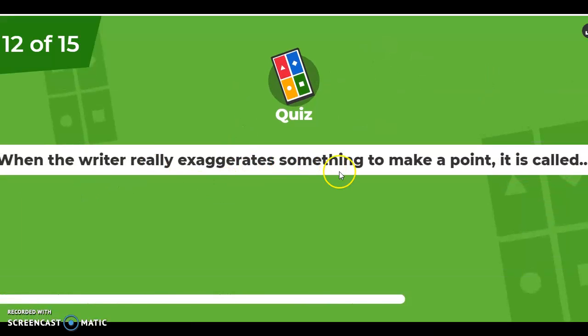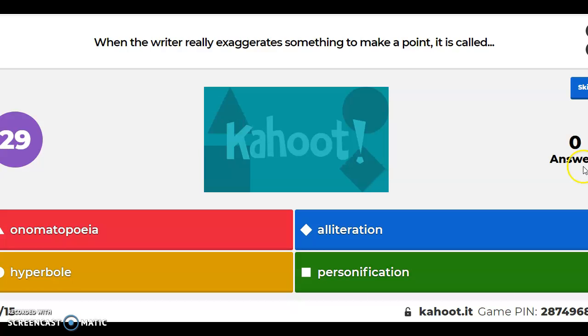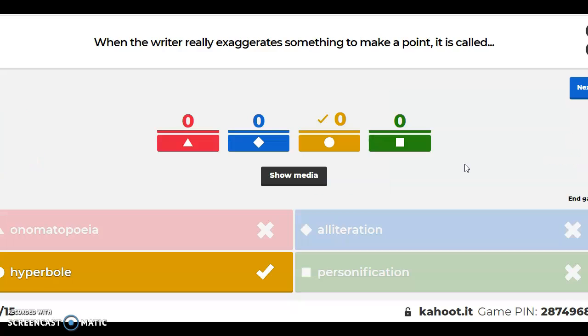When the writer really exaggerates something to make a point, it is called onomatopoeia, alliteration, hyperbole, personification. Hyperbole, we're exaggerating.